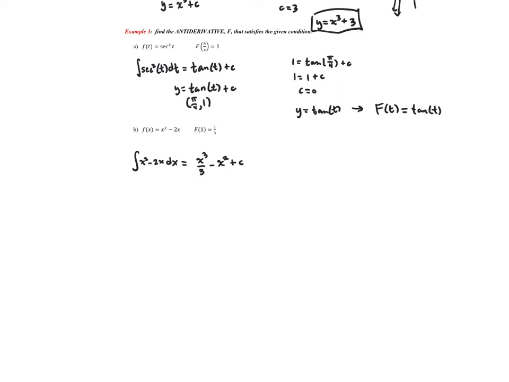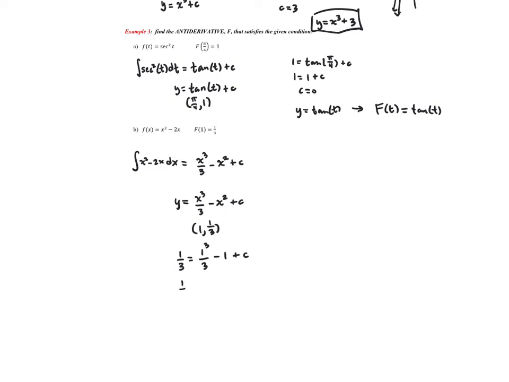Okay, now let's take that function, we'll call it y for the time being, and let's go ahead and determine the value for c such that 1 comma 1/3 satisfies this equation. Okay, so 1/3 is equal to 1 cubed over 3 minus 1 squared, which is 1.